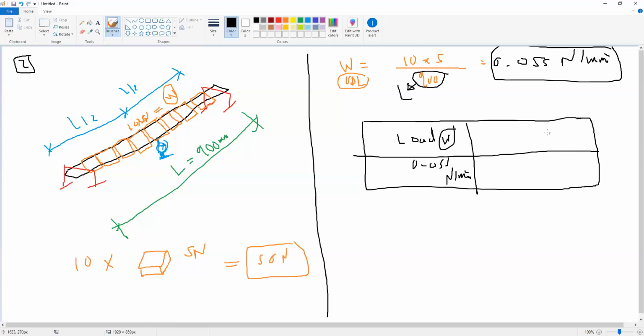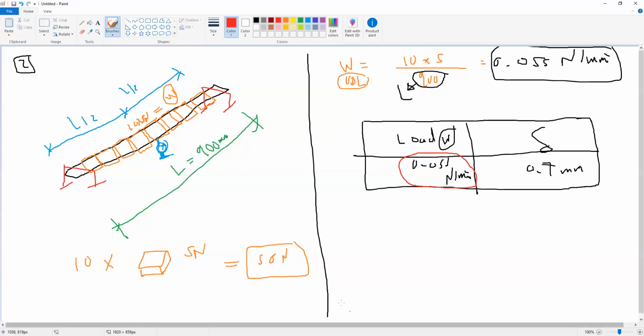The corresponding deflection will be, let's say, 0.7 or 0.5, whatever millimeter. So here we have only one value, not many levels of load, because we don't have more weight, so we need to add the load at one time. Okay, this is the testing and how we can do the test.